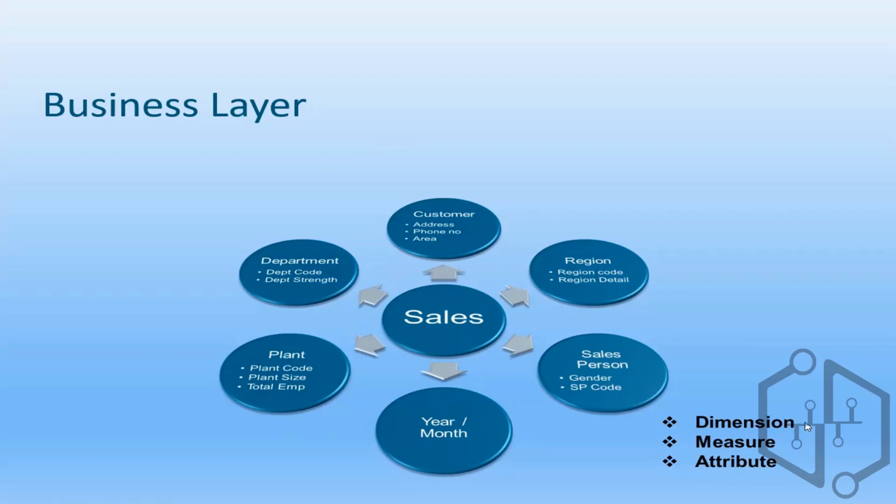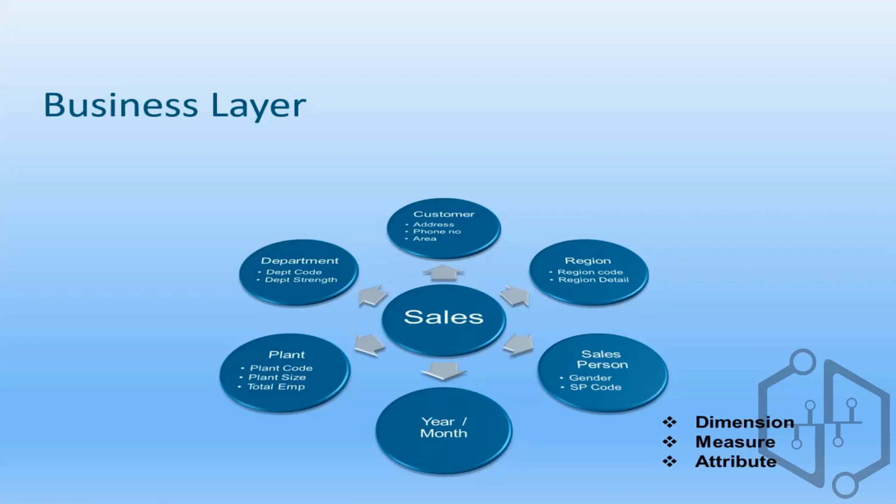We need to know these three things, which are very important. Dimension is like text data, like customer name, product name, state, country, region name. These all come under dimension. It is text data. Measure is like a KPI, key performance indicator. It is like a number. So what is the quantity? What is the sales revenue?